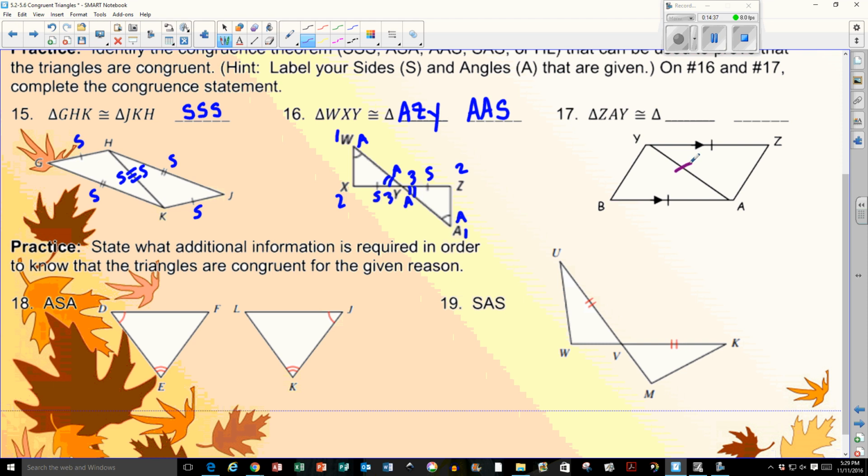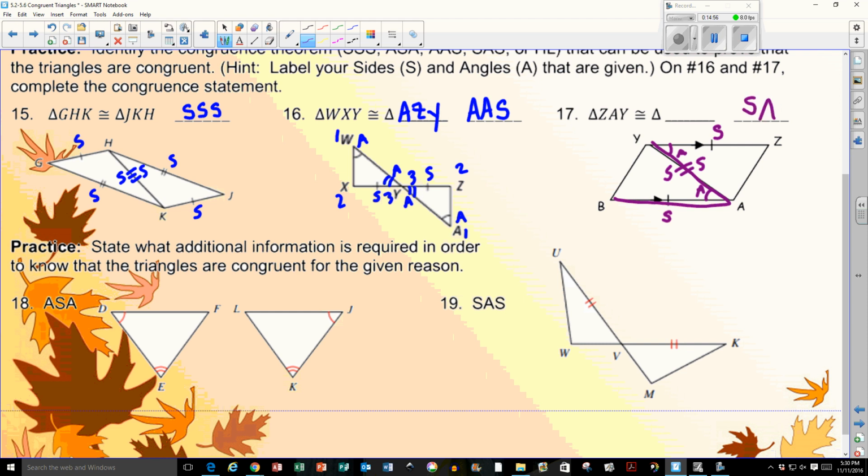Okay, here, this is equal to itself. This angle is equal to this angle by alternate interior angles. So I've got a side goes with a side. This side is equal to itself. And this angle is equal to this one. So that gives me side, angle, side.